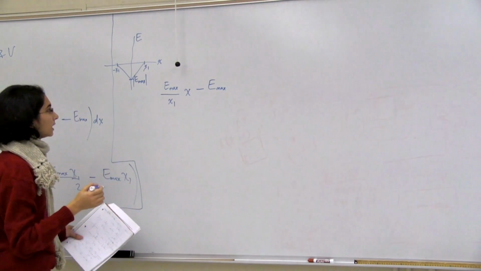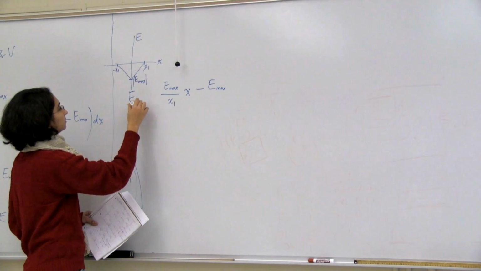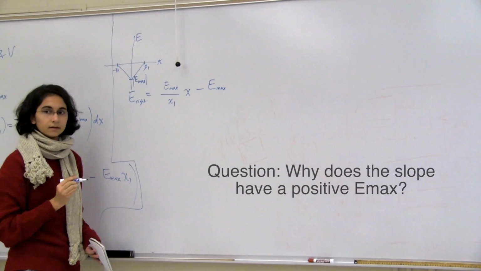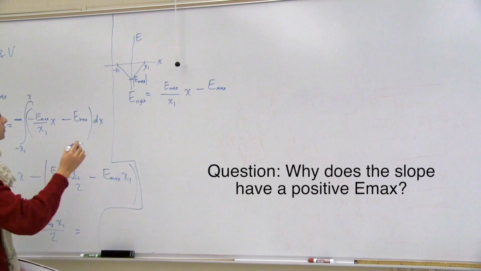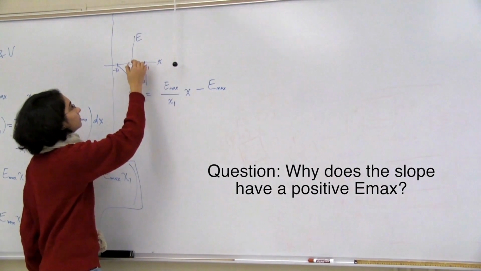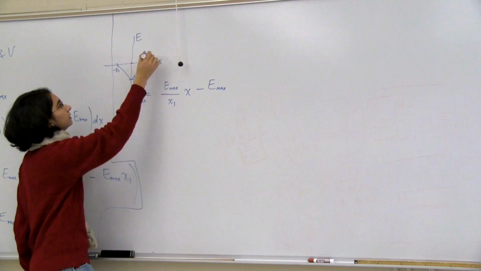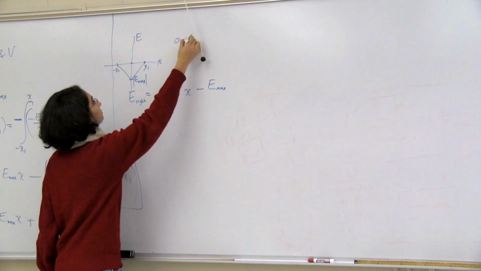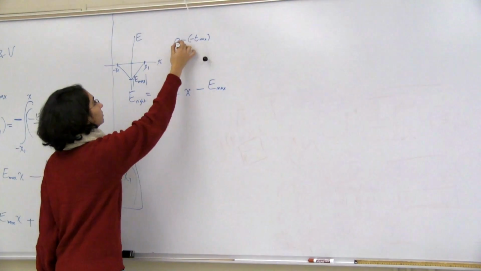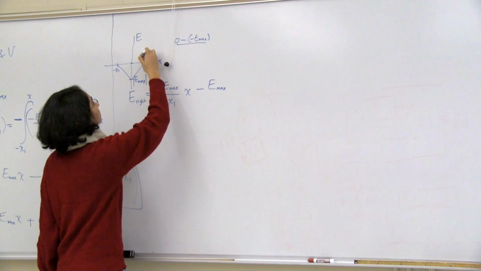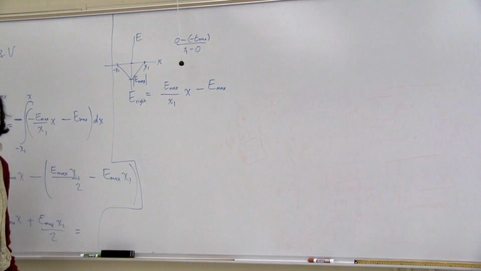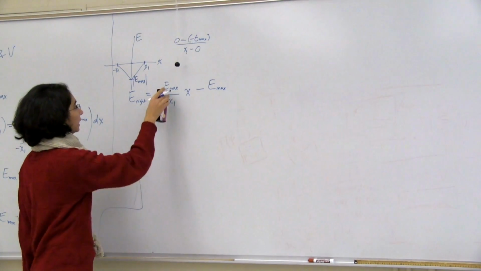So that's my E. Why is it a positive E max for this? Rise is 0, your y value here, minus E max. That's your rise, and then your run is going to be x1 minus 0. So that gives you that slope.